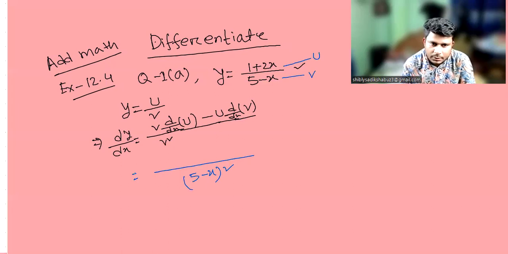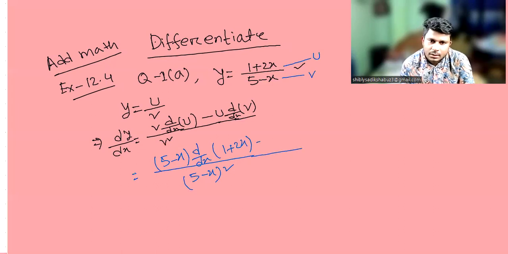And we just copy v, which means 5 minus x, and d by dx of u, which means 1 plus 2x, minus u just copy, u means 1 plus 2x, d by dx of v, v means 5 minus x. Okay.